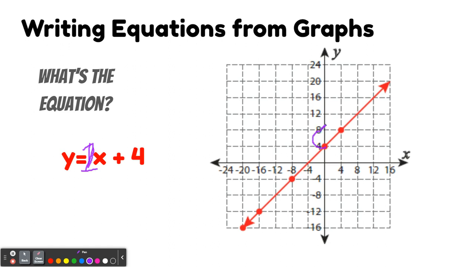So I'm going up 4. I am going over. This is also going up by 4. So I'm going over 4. I end up with 4 over 4 as my slope, which simplifies to that 1. Then I look and see where my y-intercept is. My y-intercept is right here. So it's going to be a positive 4. So I end up with plus 4.